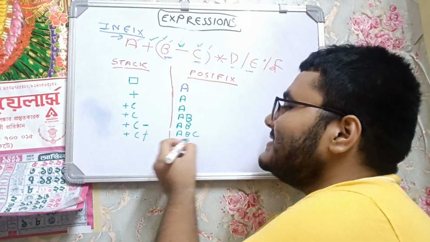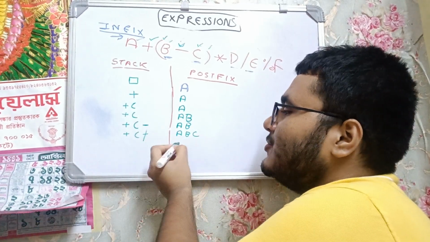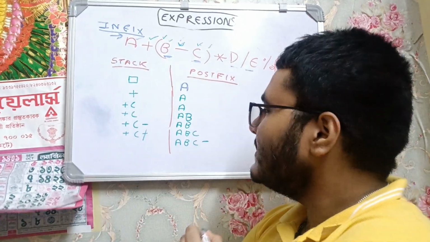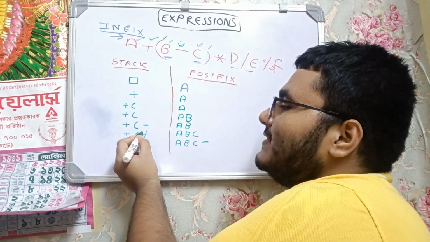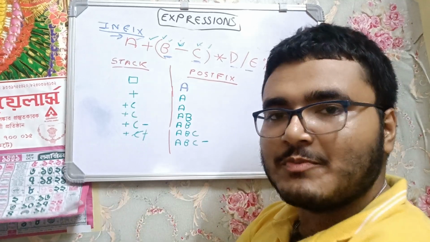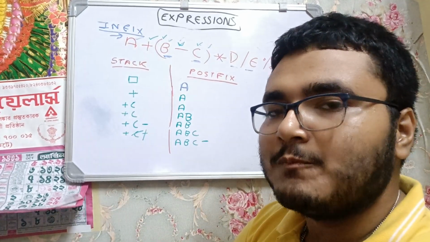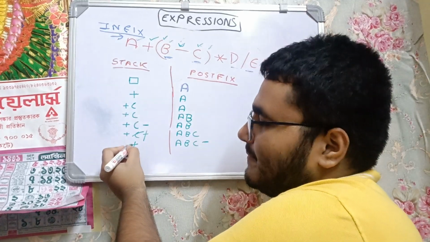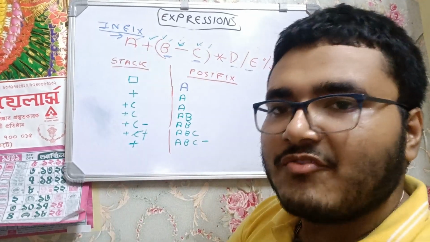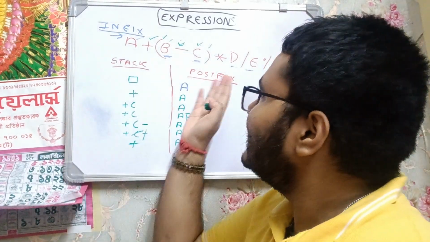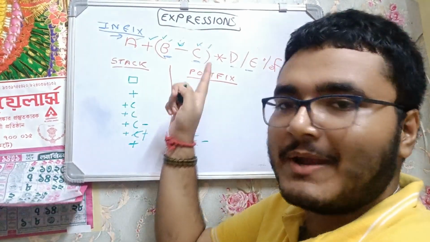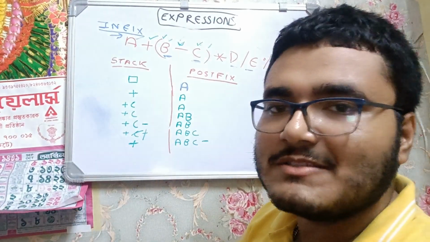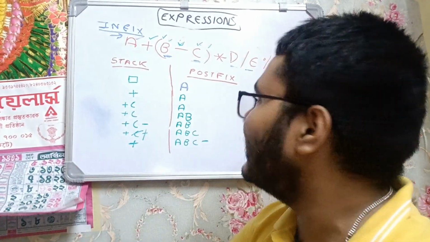Then as minus is found, in the next step, A, B, C, and merge minus with the postfix expression. Okay, and the left parenthesis is found, so the left parenthesis will also be popped out, but it won't be merged with the postfix expression. So the only thing left in the stack is plus, right? Plus remains as it is because the right parenthesis has found its left parenthesis, with no effect on plus.